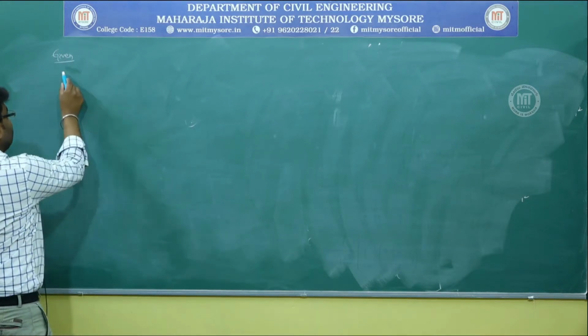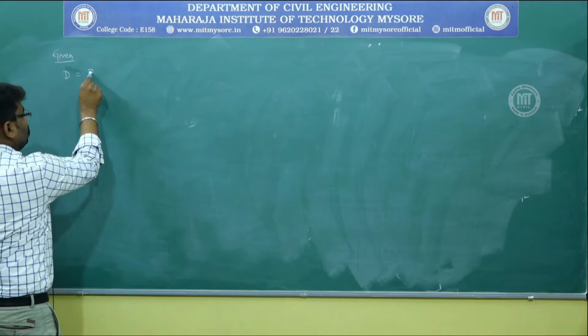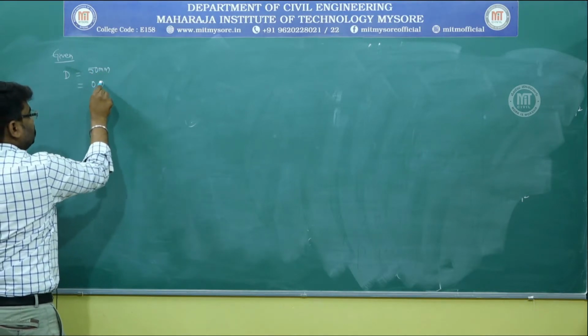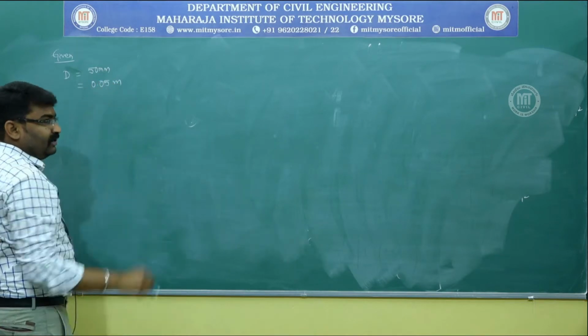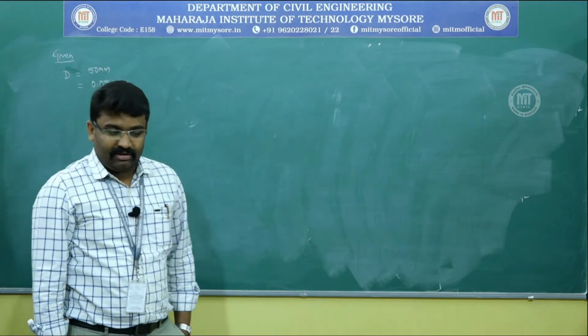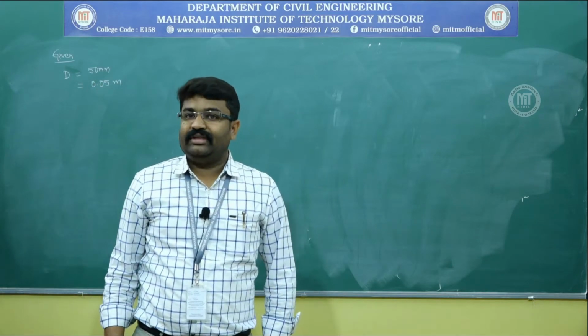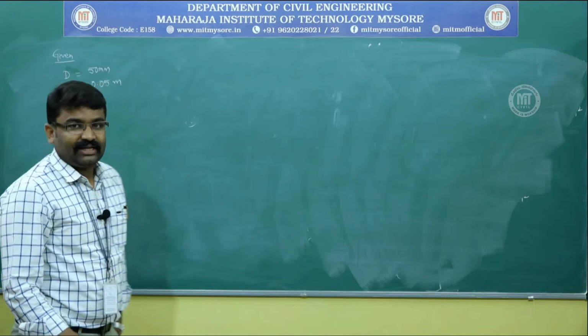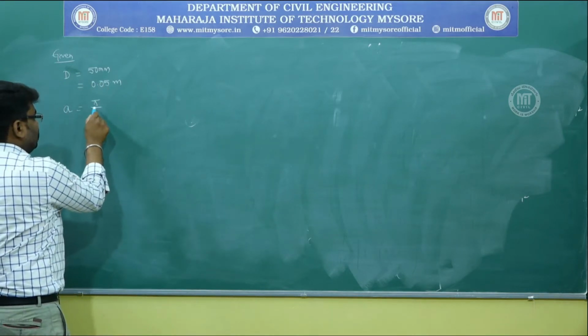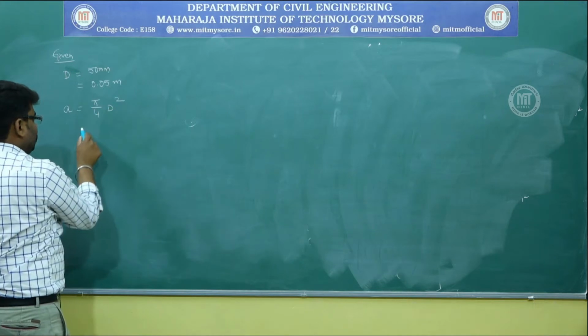From the given data, diameter D is equal to 50 millimeter, which means 0.05 meter. In the impulse momentum equation, we will always require the area of the jet, and hence I will straight away calculate the cross sectional area of the jet using pi by 4 d square.